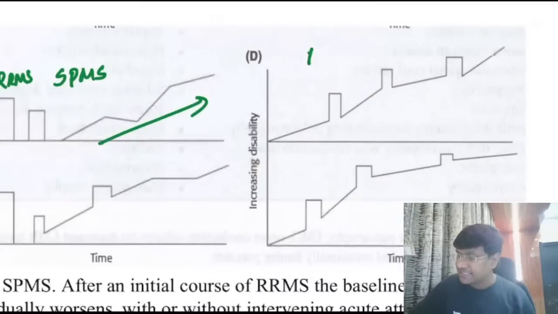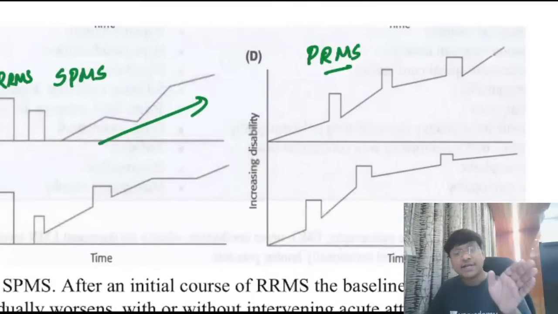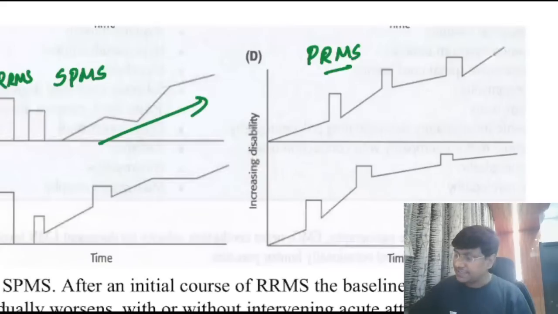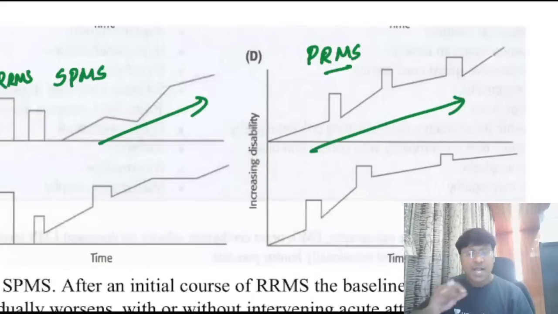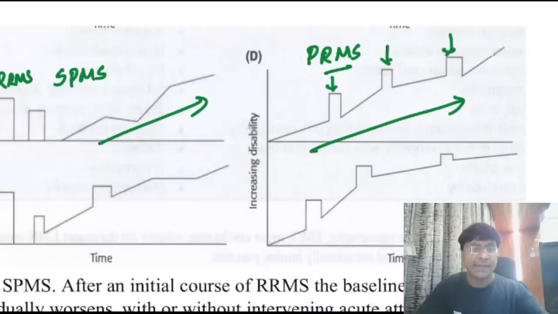And this is nothing but your PRMS. What is PRMS? Progressive relapsing multiple sclerosis. That means there will be progression of the disease, and upon progression there will be even relapses of the episodes. So this is your progressive relapsing multiple sclerosis.